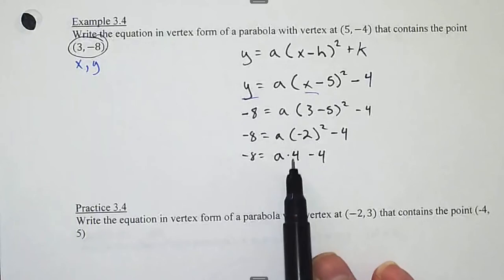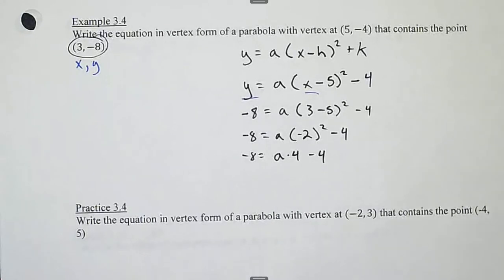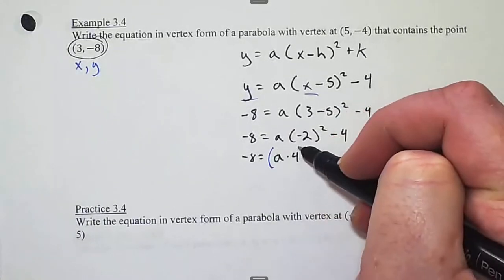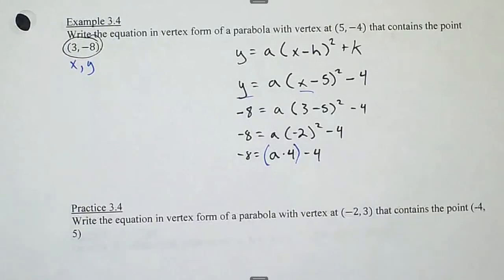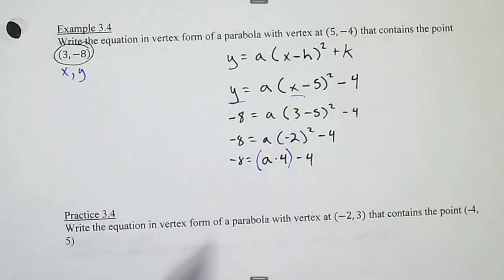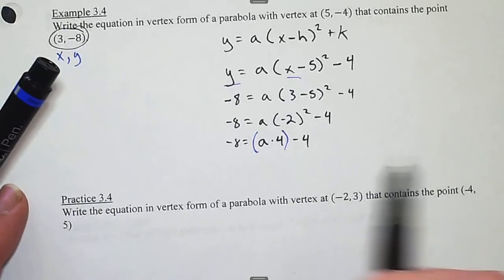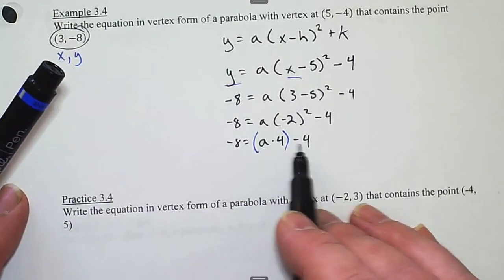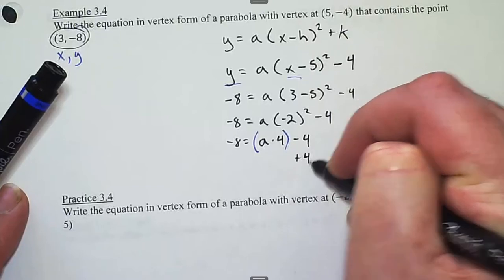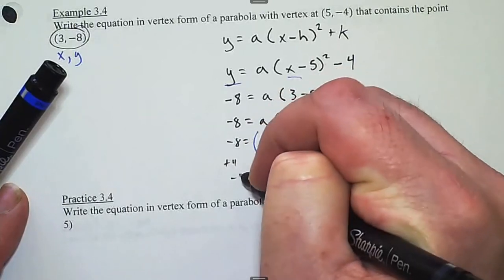So if you want, you can rewrite that. But I want you to remember that these parentheses are around there because multiplication comes before subtraction. So don't think this is like a times 1 or a times 0 or something like that. It's 4a minus 4. I have to get rid of this 4 first.